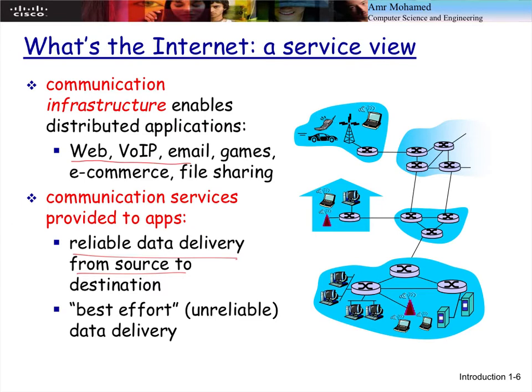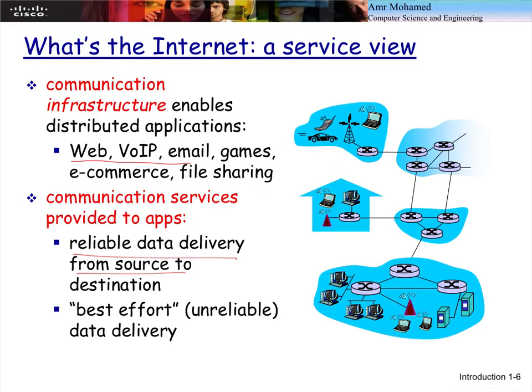So 100% reliability is not required in certain services, like, for example, video streaming. Another service is DNS. You know DNS, domain name service, which is used to map domain names to IPs and things like that. This does not require 100% reliability, and therefore DNS uses UDP. It doesn't use TCP, because TCP, as we will study later, provides 100% reliability.